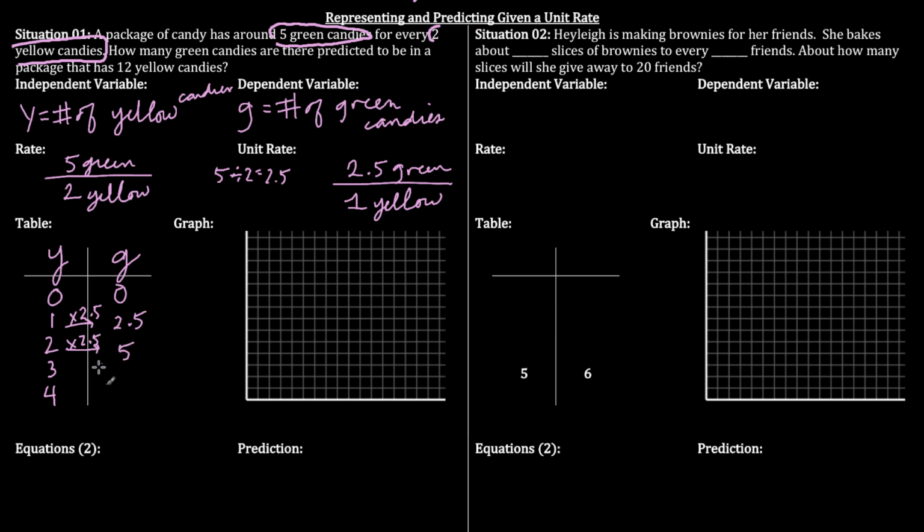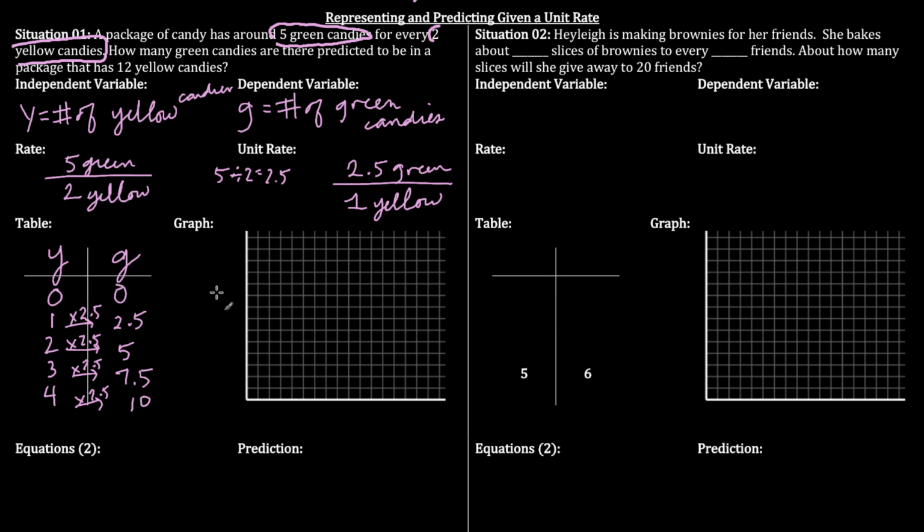That's what we had originally. 3 times 2.5 is 7.5, and 4 times 2.5 is 10.